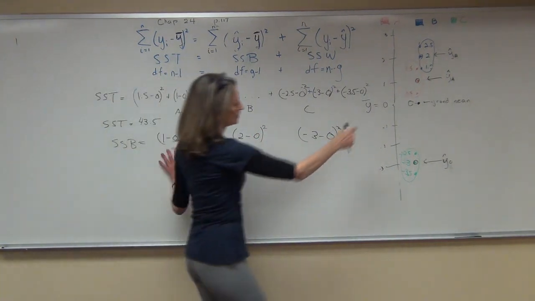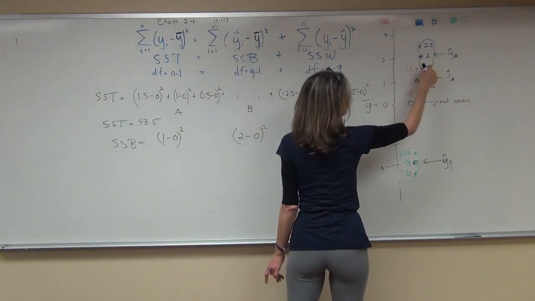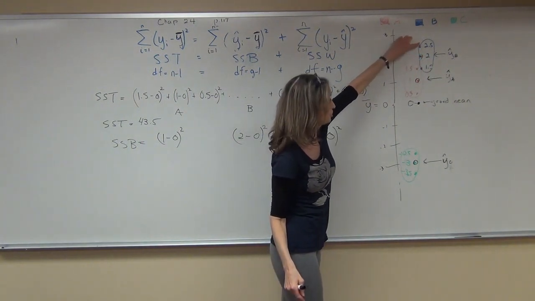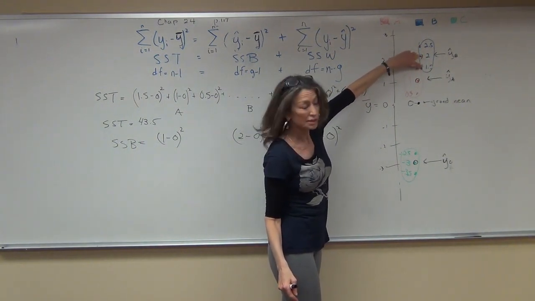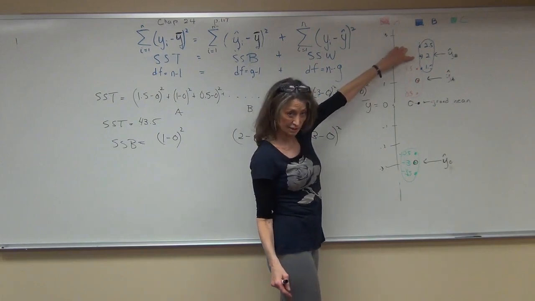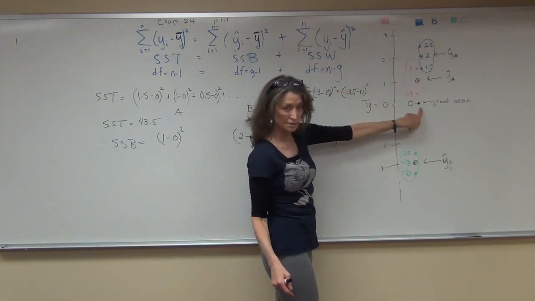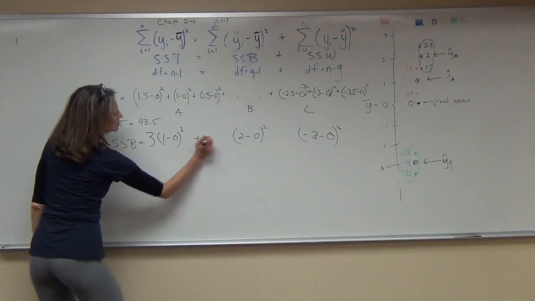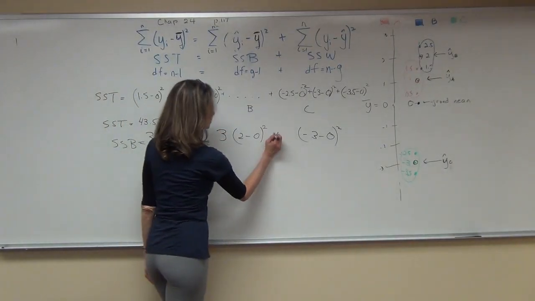For each one of these, the model is going to make a prediction of 2 for each one. This point and this point have the same prediction, minus the 0. And then you're going to square them. So there'll be 3 of these, plus 3 of these, plus 3 of these.